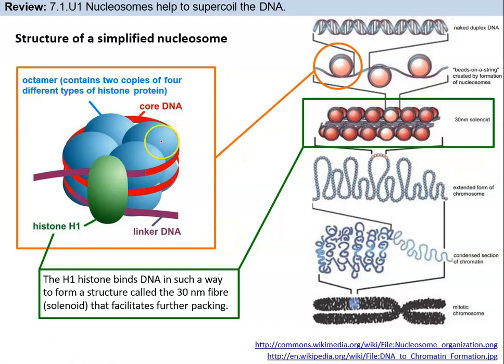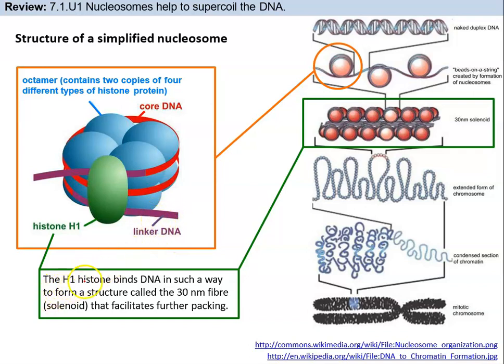So again, as I explained, one structure of a nucleosome is being drawn over here, and that's the core DNA wrapping around the nucleosome, and these are 1, 2, 3, 4, 5, up to 8 histone proteins, and then the histone H1, which has the function for the structure of the 30 nanometer solenoid, and this is the linker DNA.